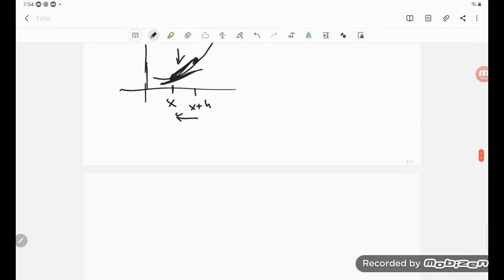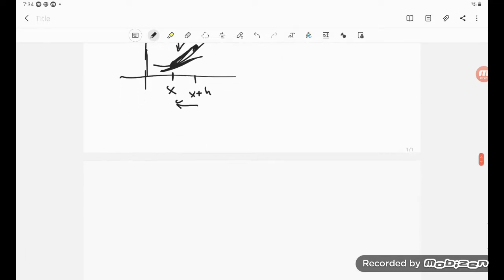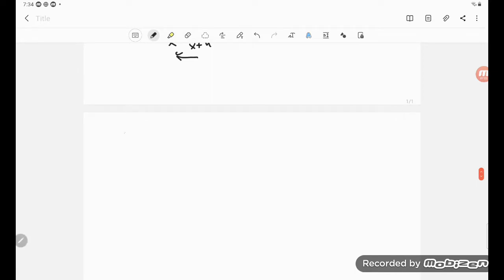There we go. Okay, so if I instead wrote f of x minus h equals f of x.